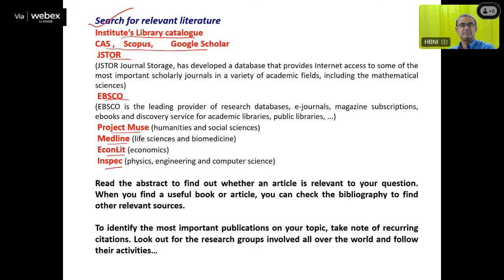There are so many web sources to go and investigate or do a proper literature search. These are specific for each field: physics, engineering, computer science, economics, life science, biomedicine, Medline, humanities, social science, and so on. Read the abstract to find out whether an article is relevant to your question.